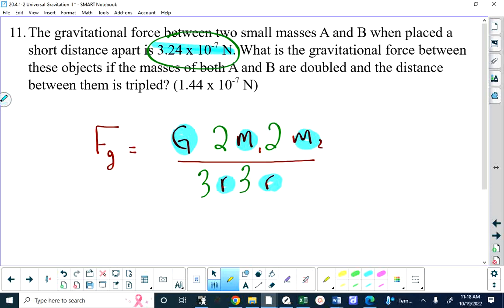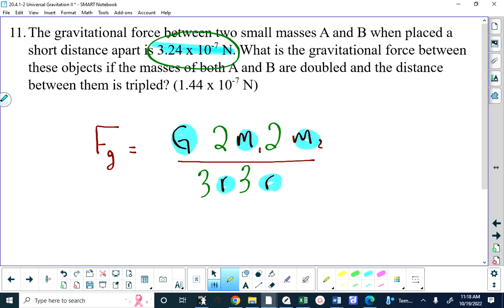So then what I'm saying is, if you take that original force and multiply it by 2, and multiply it by 2, and divide it by 3, and divide it by 3, you'll get the answer. Or we could say I'm going to take the original force and multiply it by 2, and multiply it by 2, and divide it by 3 squared.